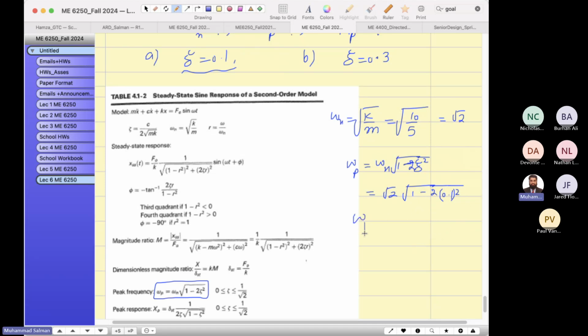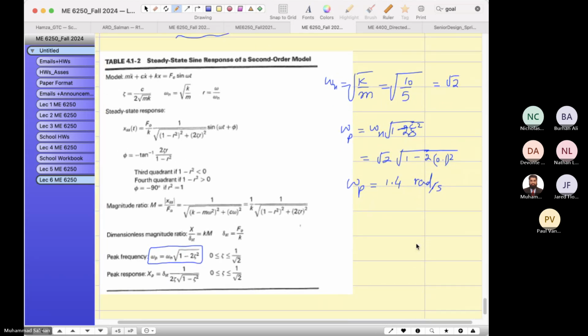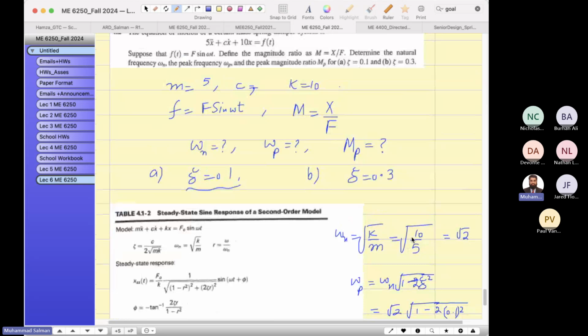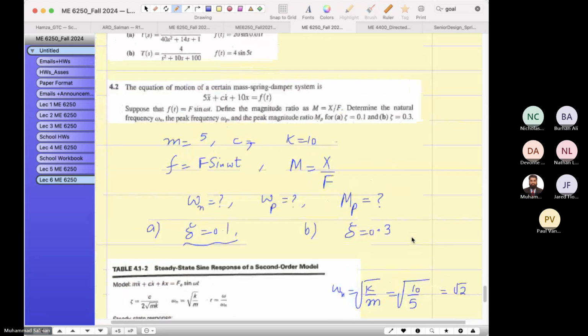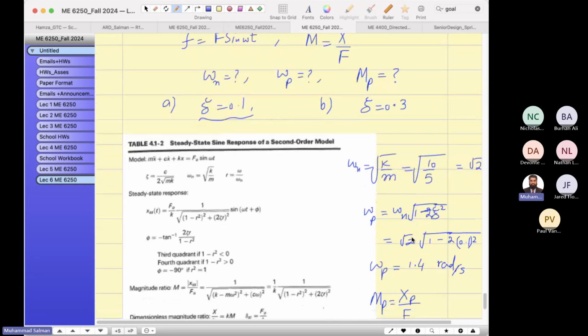That is equal to 1.4. And the peak amplitude is this response at that frequency divided by the force F.